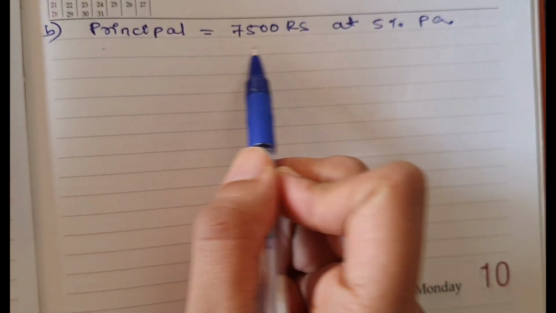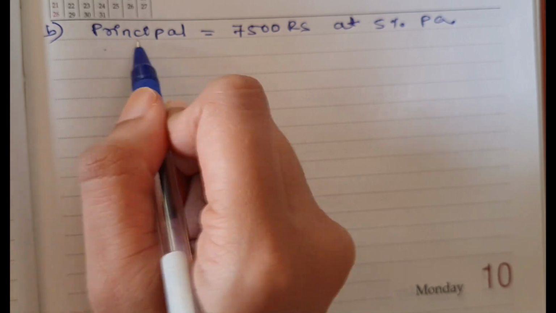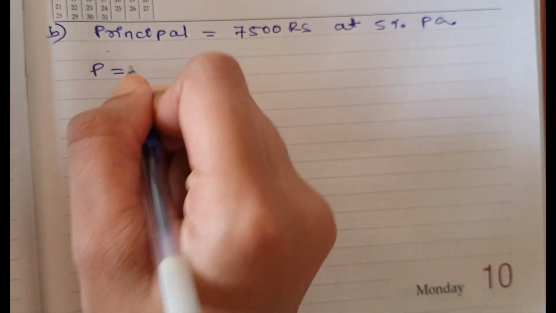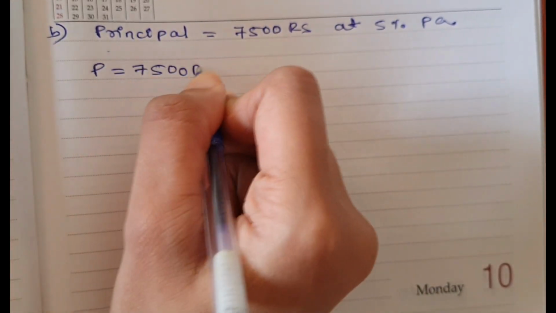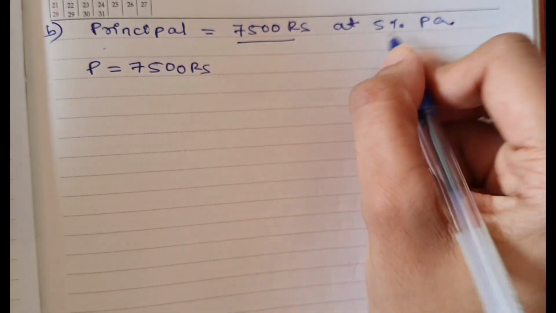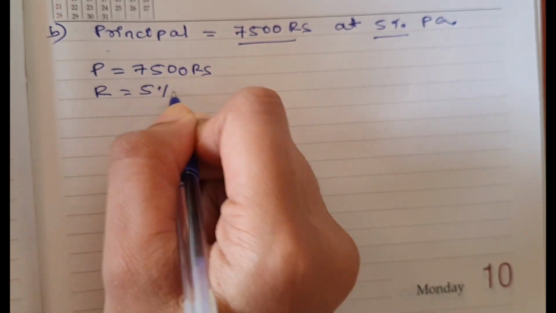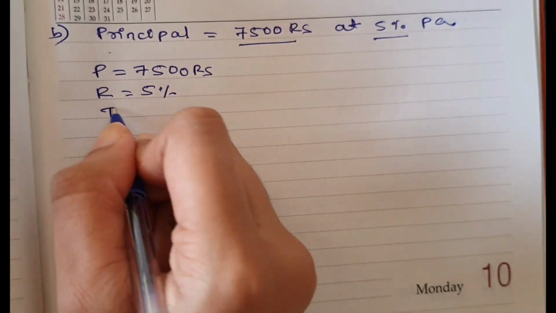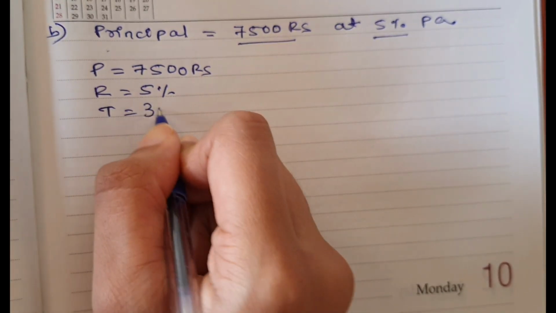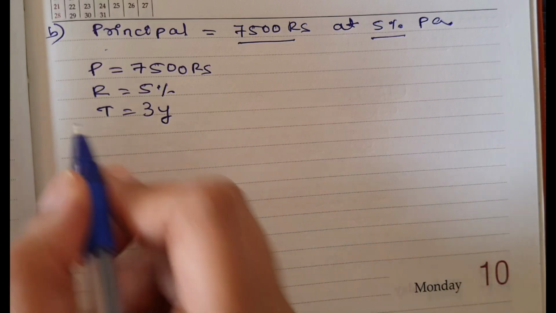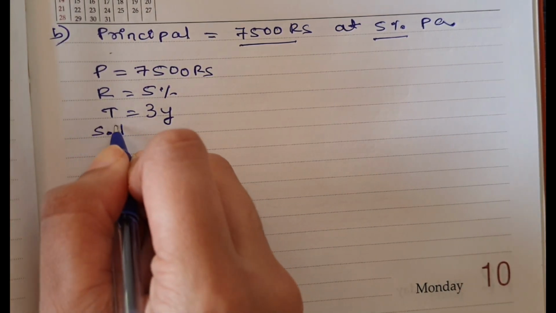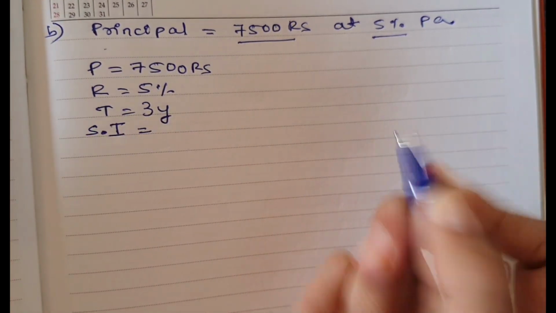Let us discuss the second case now. In the second case, principal amount is 7500 rupees. Okay, and the rate is equal to 5%, and the time is 3 years. Right? What we have to find? We have to calculate the simple interest.